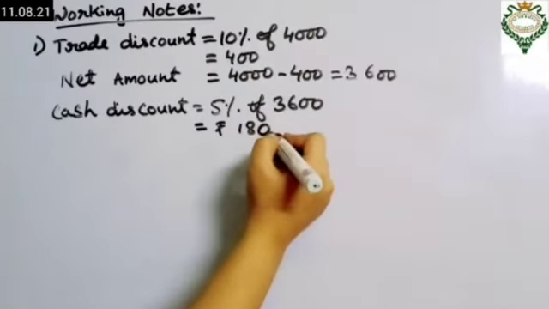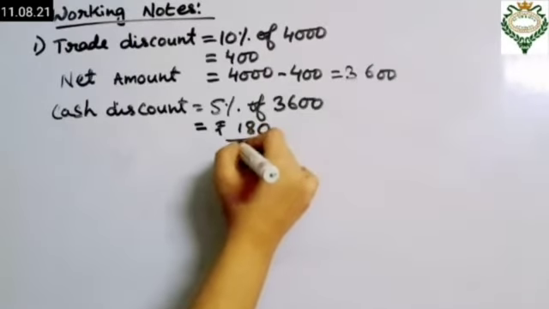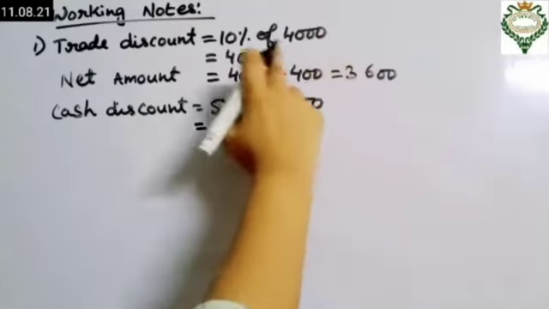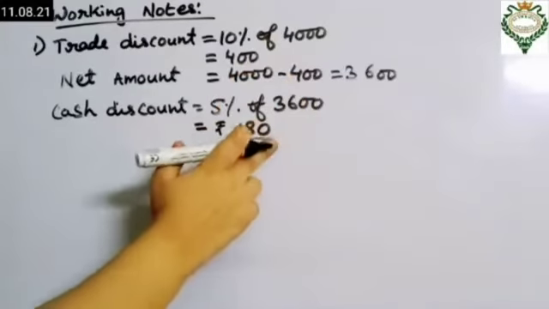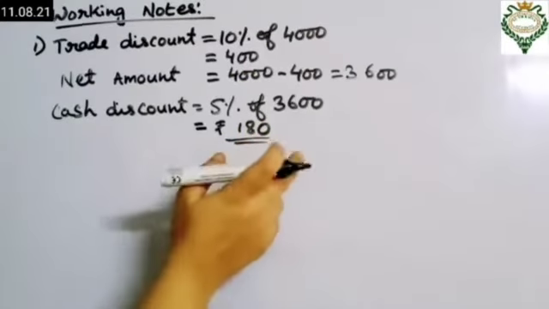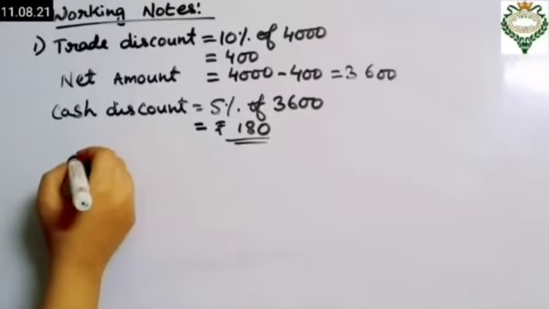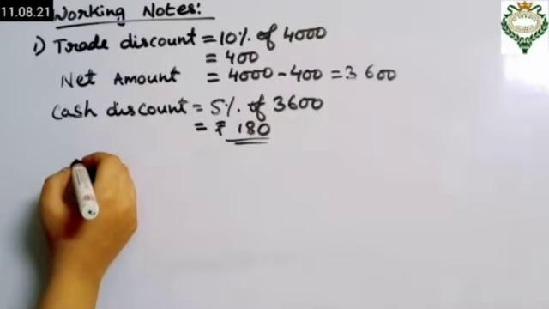So this is our cash discount that we have to record in the book. We don't have to record this 400, the trade discount. We have to record the 180. Then what is the final amount of cheque to be paid?